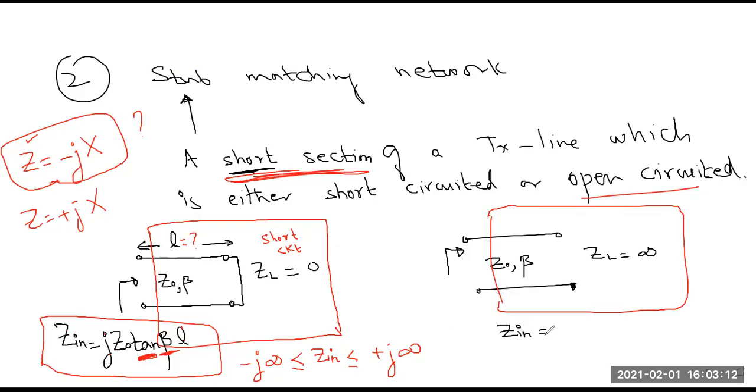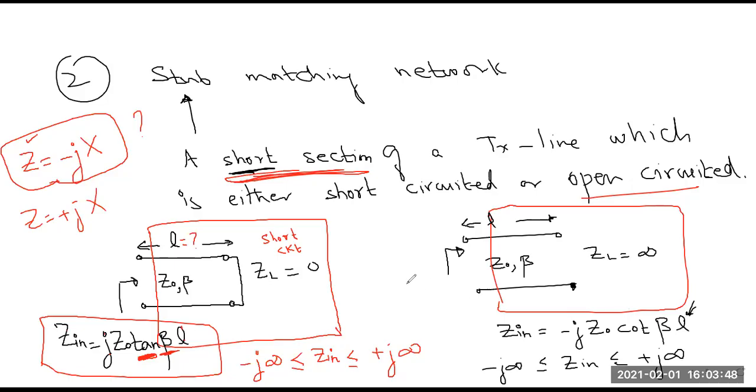Zin was computed to be equal to minus jZ0 cot(beta L). Again, what is the possible range of this Zin? It all depends on the length of this transmission line. By changing L, Zin is again going to vary from minus j infinity to plus j infinity. So this open-circuited line can also act as a capacitor or inductor depending upon the value of L.